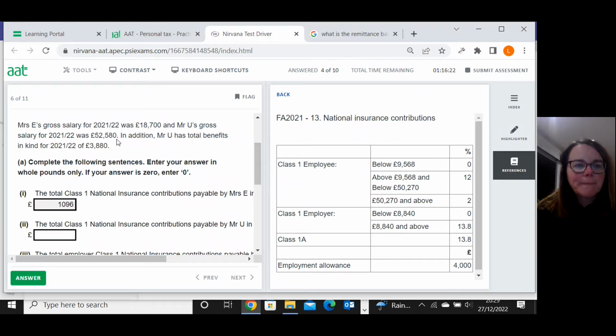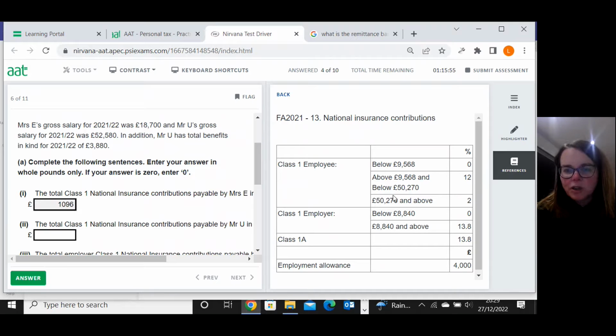Mr. U has got 52,580. So his is a bit more tricky. So we have to find the difference between these two numbers, the 50,270 and the 9,568. So that is 40,702. We work out 12% of that figure, which is 4,884.